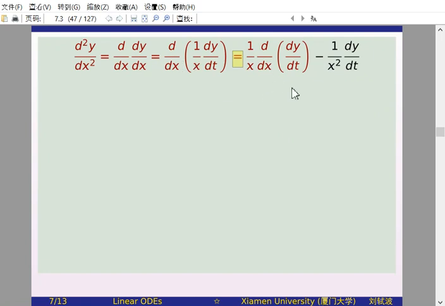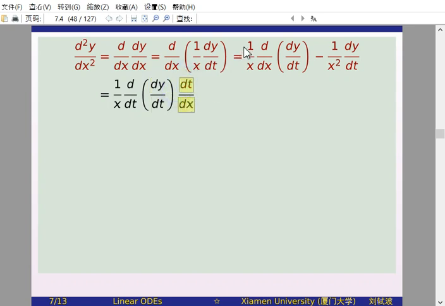Okay. So here we have the derivative of dy/dt with respect to x. So this needs to be transformed again. This can be written as the derivative of dy/dt with respect to t, then dt/dx. That is, d(something)/dx equals d(something)/dt multiplied by dt/dx.